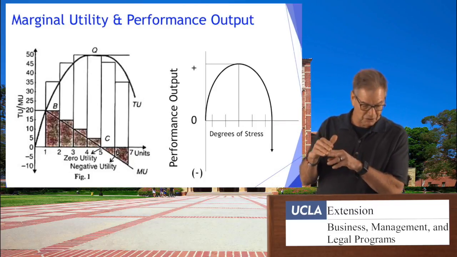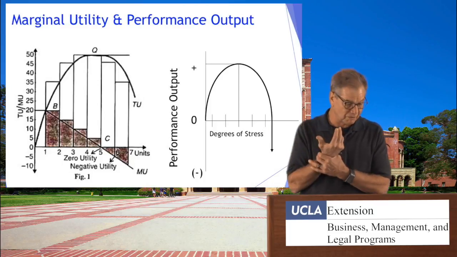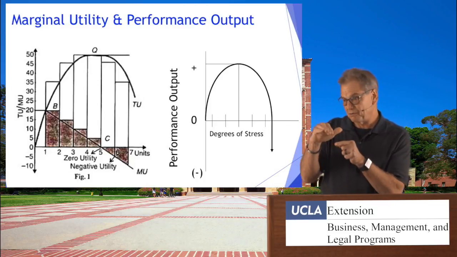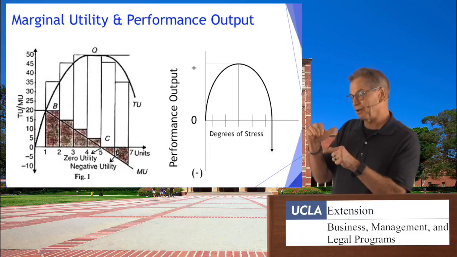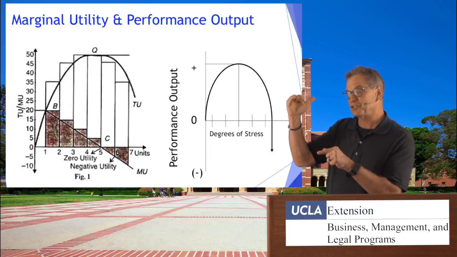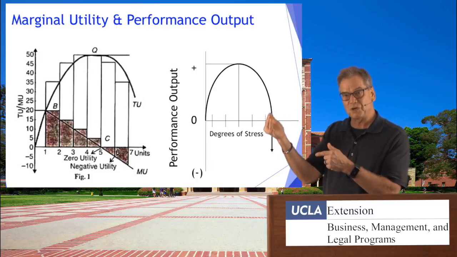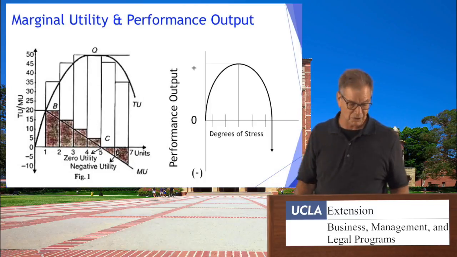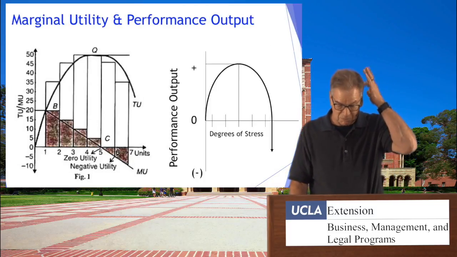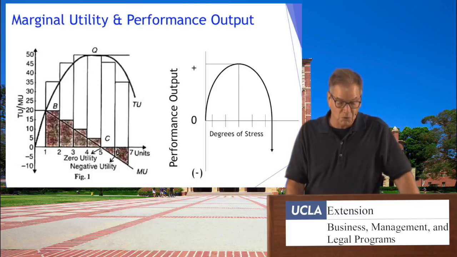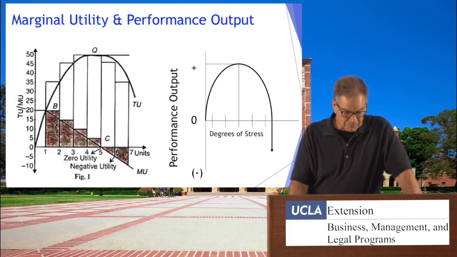If we have a price that's too high, they won't see value in it, and at the right price, at the right point, we'll have maximum demand for our goods and services.